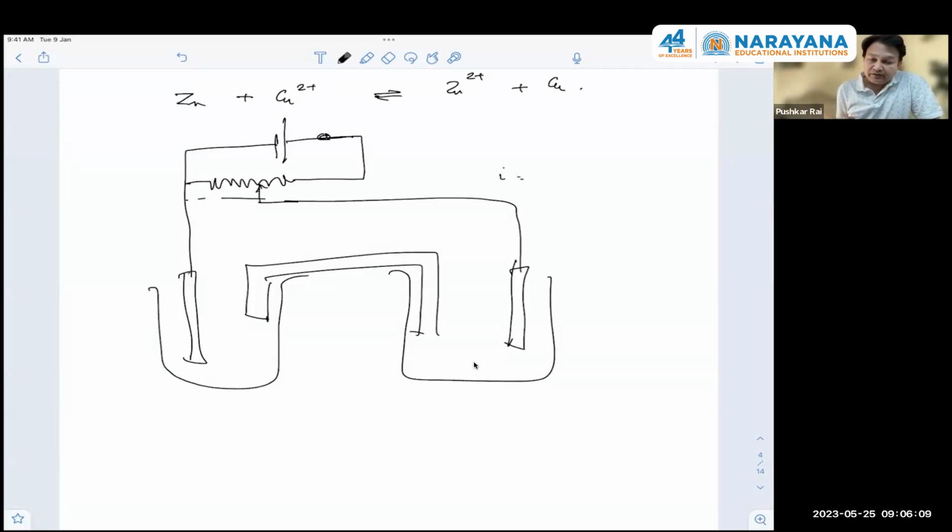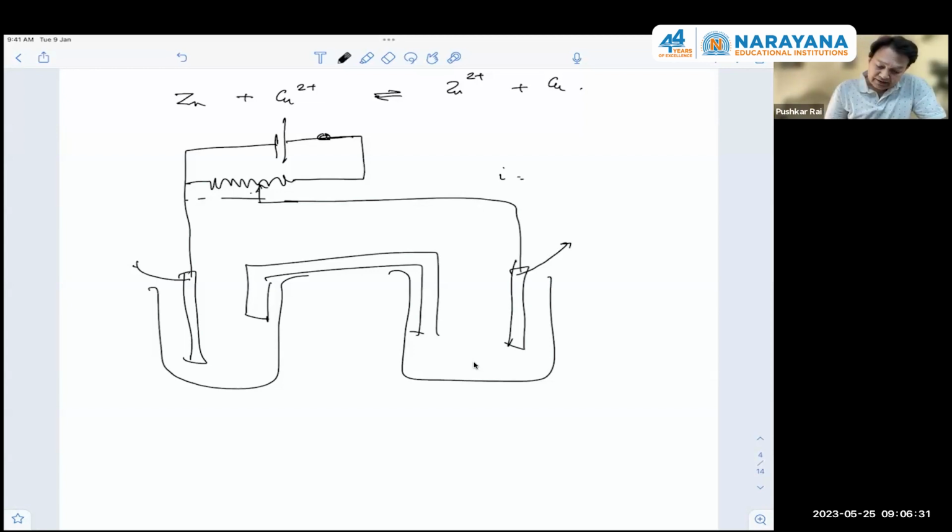The definition of EMF is the potential difference between two open-ended circuits. Open-ended circuit means I is equal to 0. So you really want to find the potential difference between this electrode and this electrode when the net current passing through is equal to 0. So the potentiometer is going to do what?